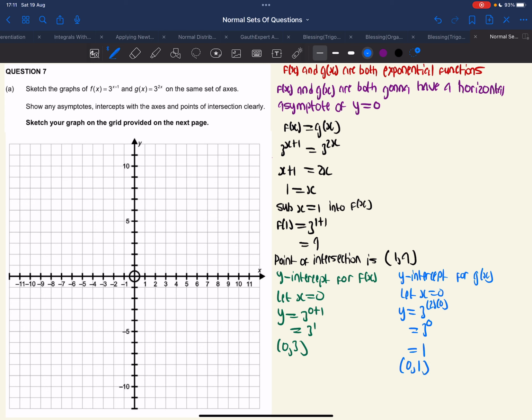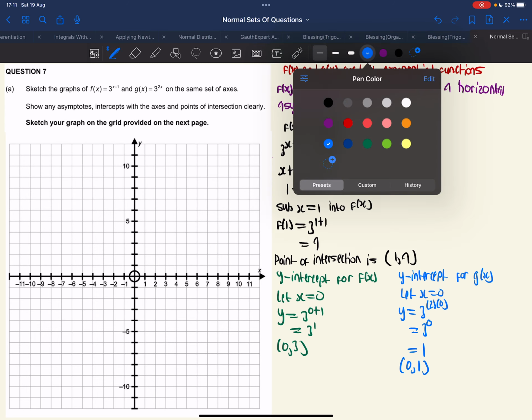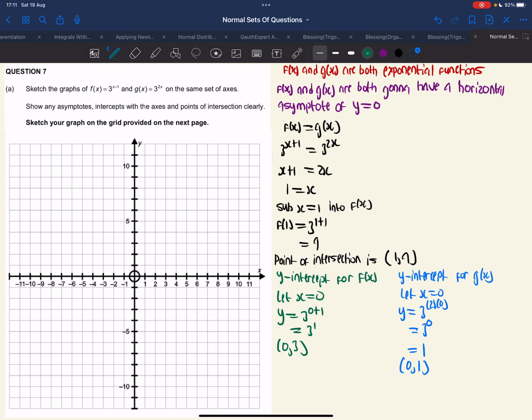So we now have the asymptotes and the y-intercepts for both of them, so we can now try drawing those functions. The f of x one, I'm going to do in green. The y-intercept is (0, 3), so it starts here.